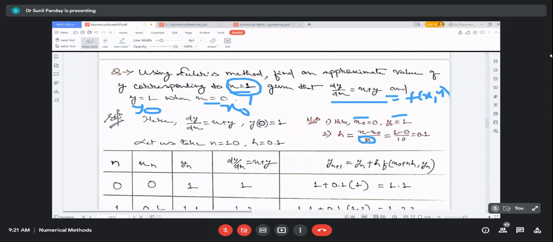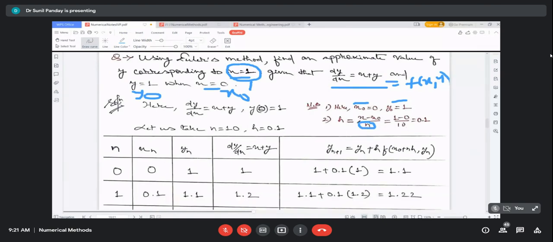For simplicity, we have taken n as 10, and so we get h as 0.1.